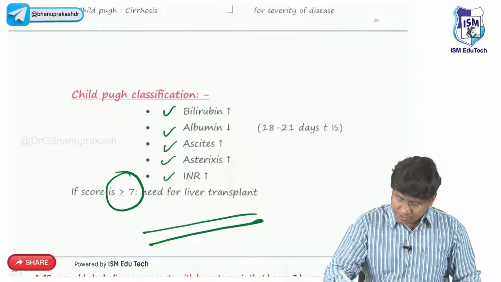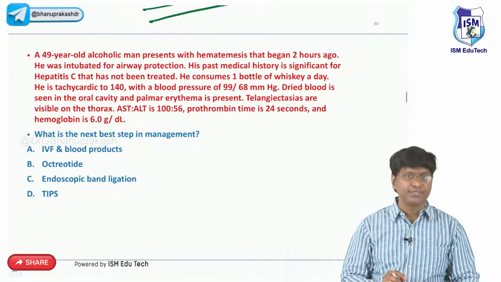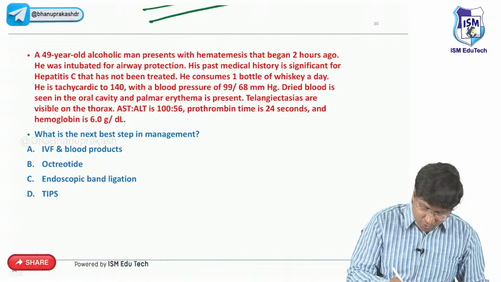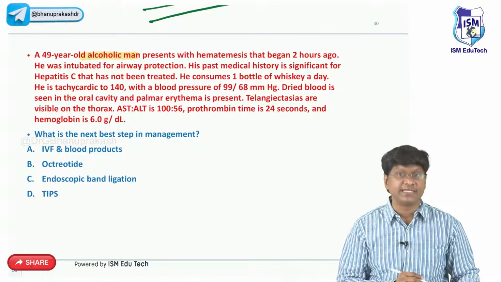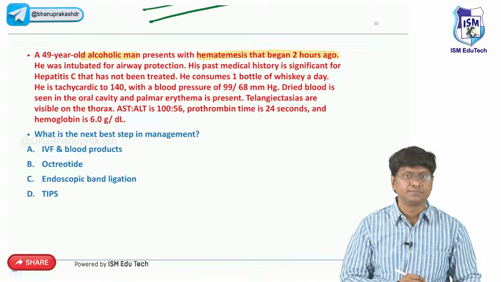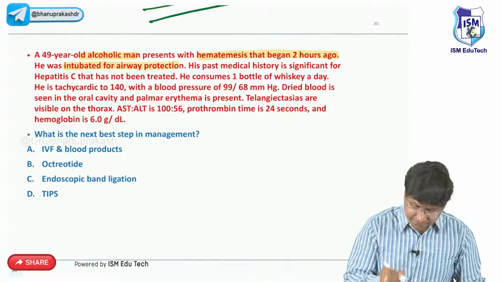Okay, right. So the next important topic in the liver that you need to know is, you see this question. A 49-year-old alcoholic man presents with hematemesis that began 2 hours ago. He was intubated for airway protection.